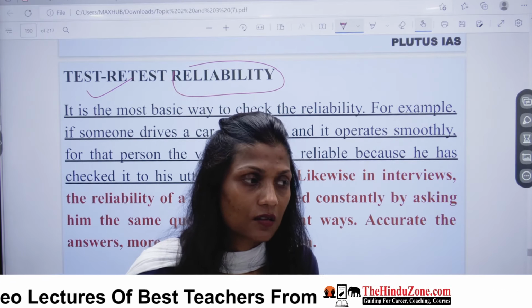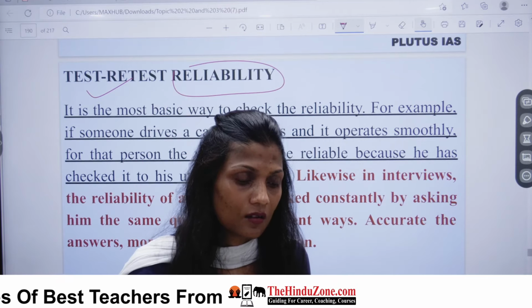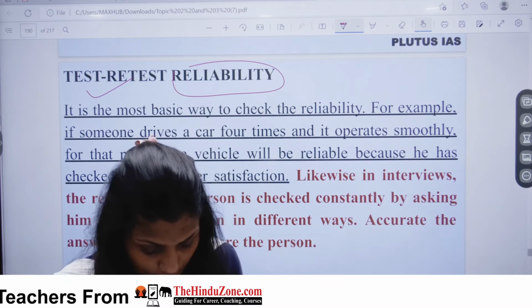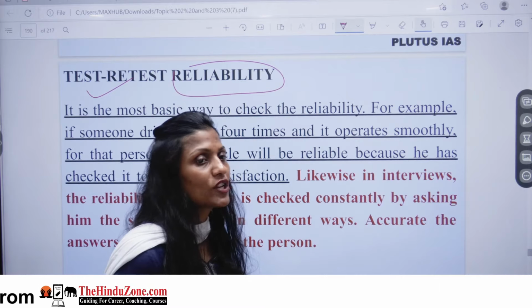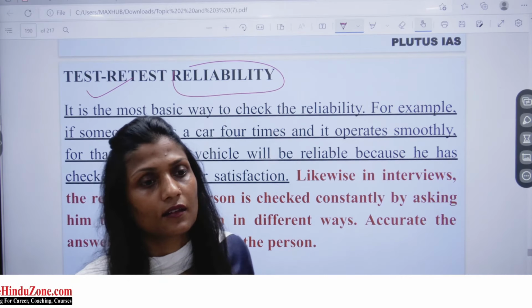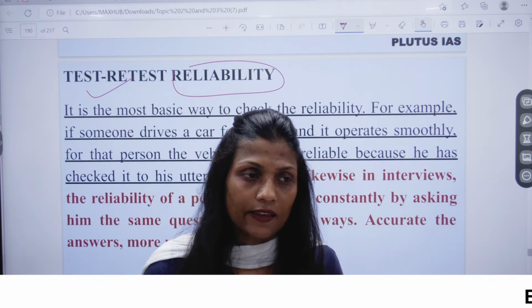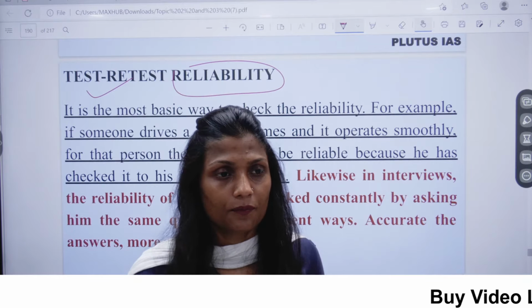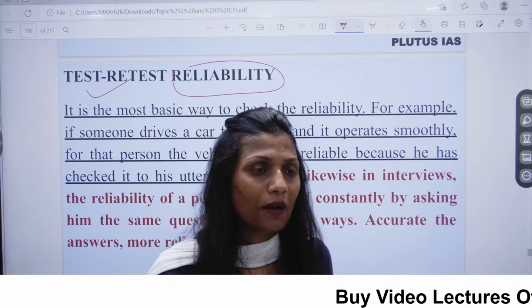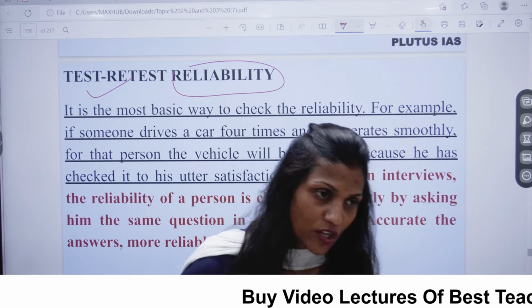but they can have check and balance while collecting their data.